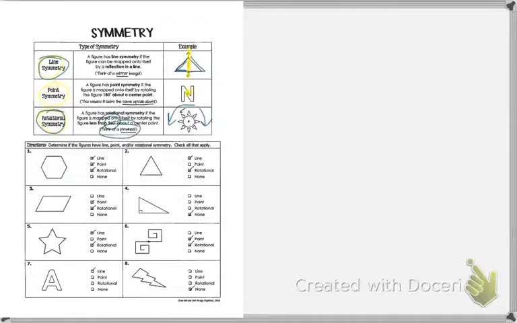For number two, line and rotational. Well, for line, we learned I can split it. So we have linear. But when we go to point, if I were to put a point here, 180 degrees would have it looking like this.